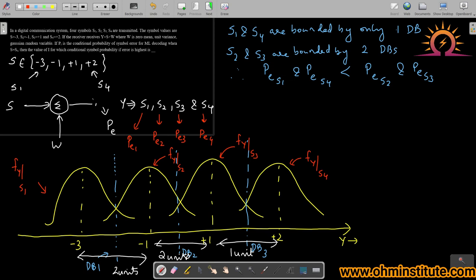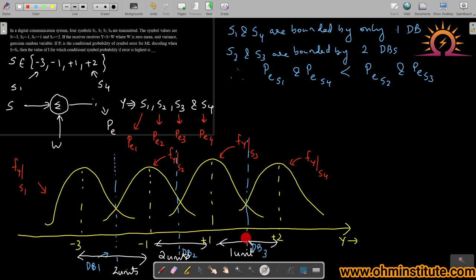That is, for the symbol S3, let's consider the symbol S3, that is +1, that is being transmitted. Here it is bounded by two decision boundaries, but the distance between adjacent symbols is 2 units here, 1 unit here. But for S2, the distance between adjacent symbols is 2 units and 2 units. For S2, the distance between adjacent symbols is 2 units and 2 units.